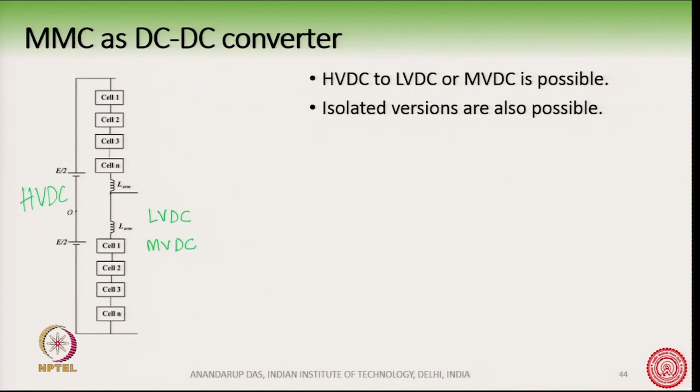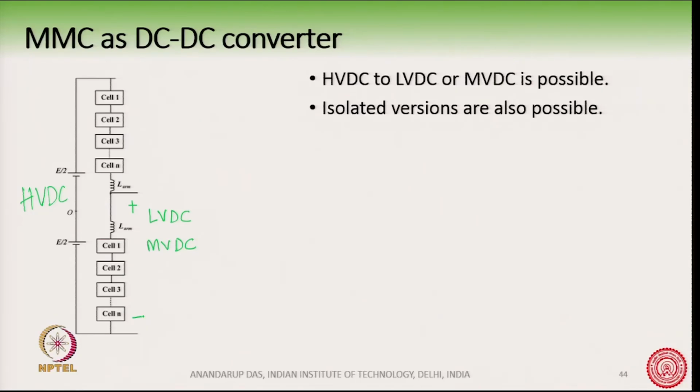Again we use these controllable voltage sources or cells in such a way that it is very similar to a voltage divider circuit. So this is one HVDC and what we get is a fraction of this DC voltage.